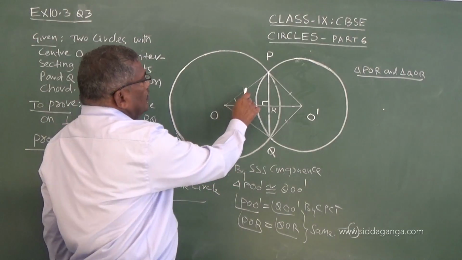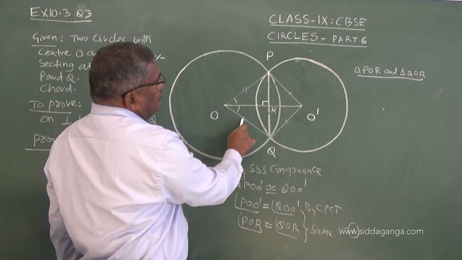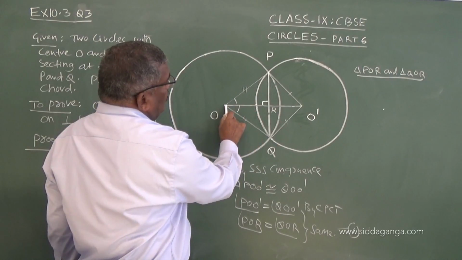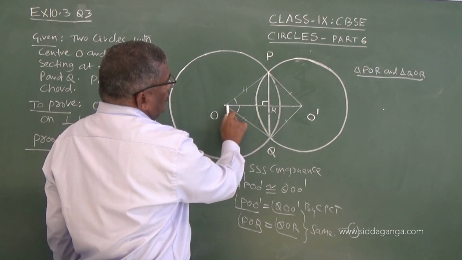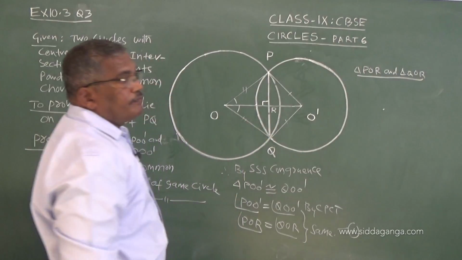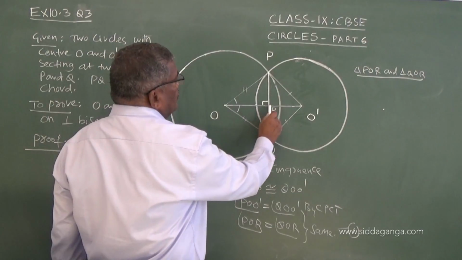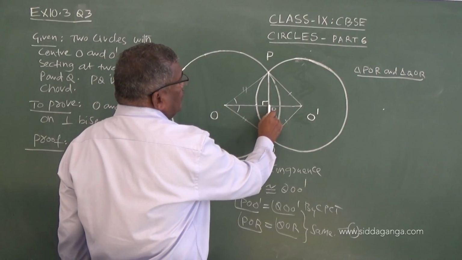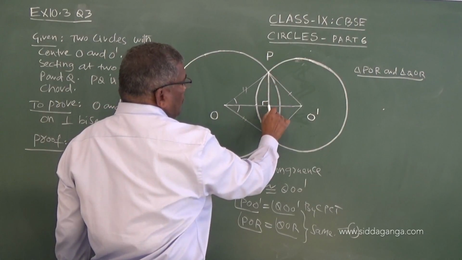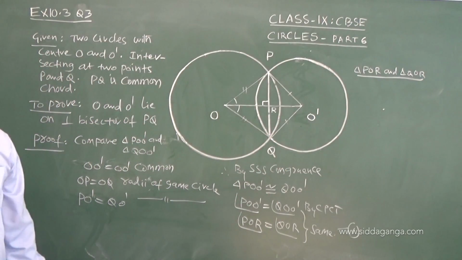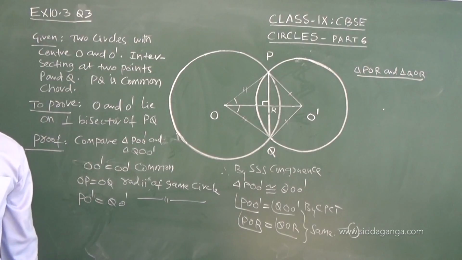Here also this is equal to this, and OR is common. And we know this is the perpendicular bisector, therefore PR is equal to QR. So therefore by SSS congruence they are congruent.